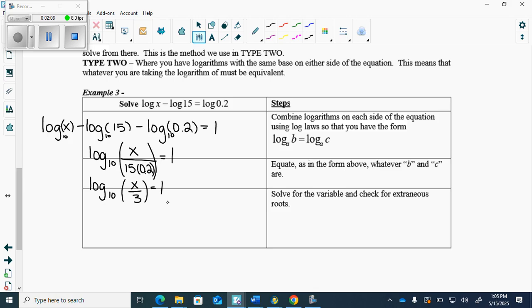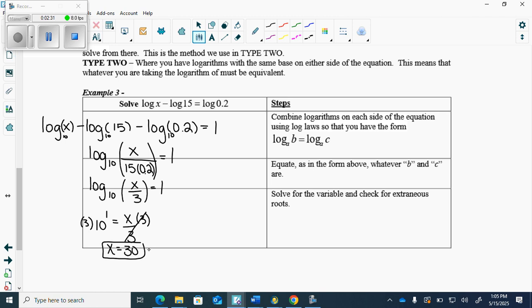Exponential form. The base of my log becomes the base of my exponent, so I get 1 equals x over 3. Then I multiply by 3, so x equals 30. That's what we did yesterday. We got all the logs on the left, the number on the right, and converted.